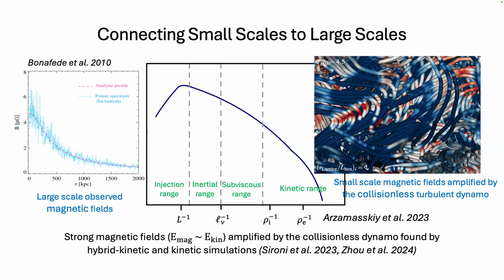All of these simulations, including my work and things that other people have done, are over here at the ion gyroradius, and there is an extremely large scale separation in the ICM. We know that in this regime, this dynamo is extremely efficient. It can amplify magnetic fields to be similar to the turbulent kinetic energy.